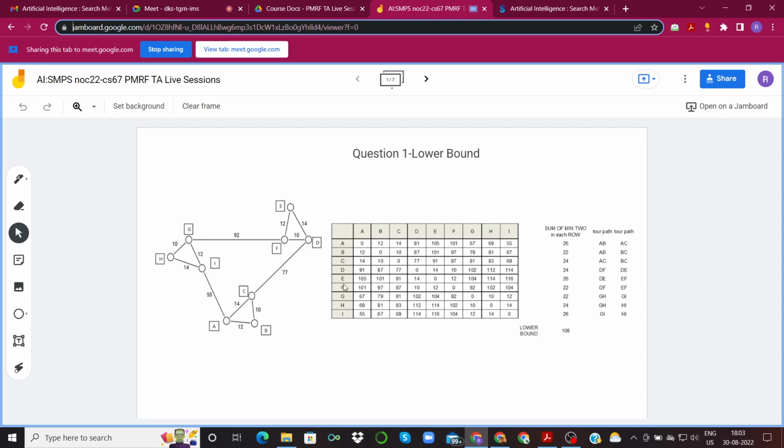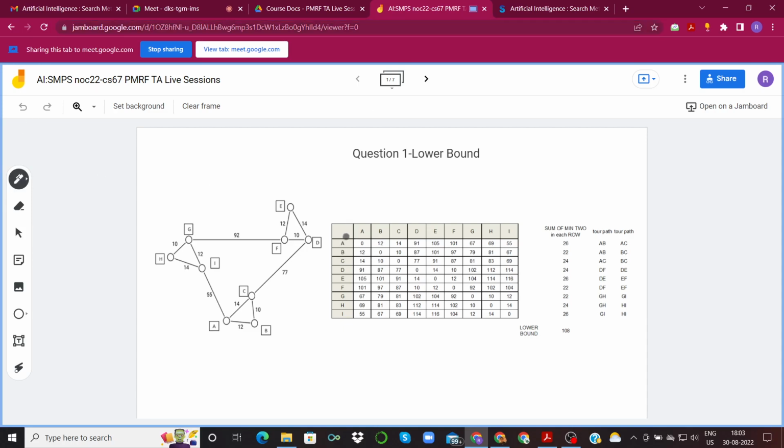And this is the same map in a table format. You can see that, for example, the distance between A to B is shown by this particular entry, which is 12, and which is also the case over here. The distance between A to B is 12. So this is basically the matrix representation of this map.